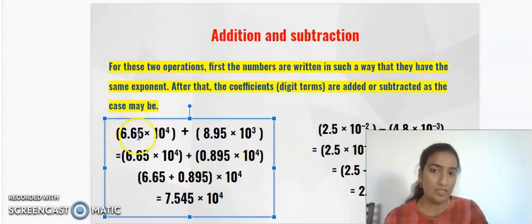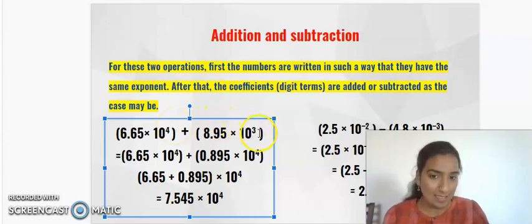So the decimal will be exactly between 6 and 5, like 66.5. That is against the rule of how to express numbers in scientific notation. So we cannot shift the decimal to the right, or change the exponent from 10 to the power 4 to 10 to the power 3.